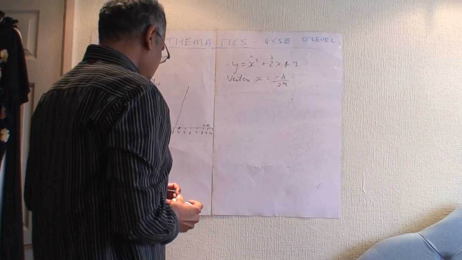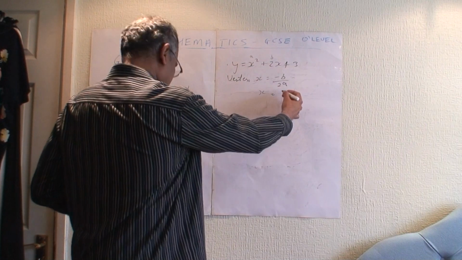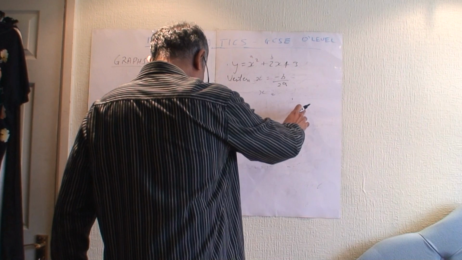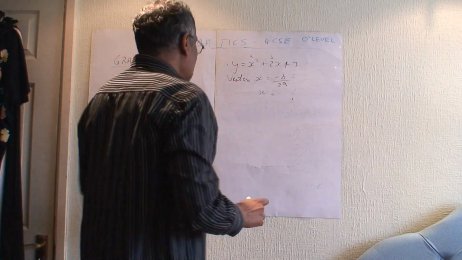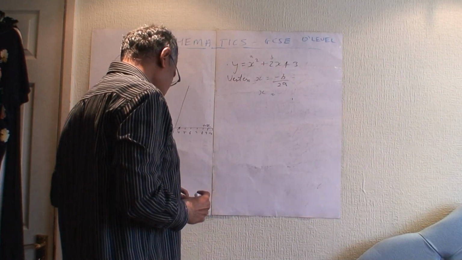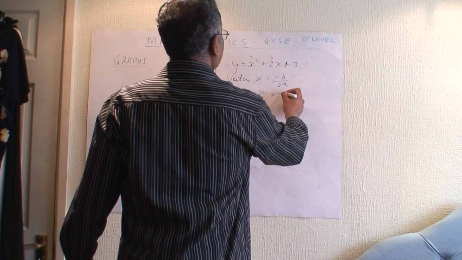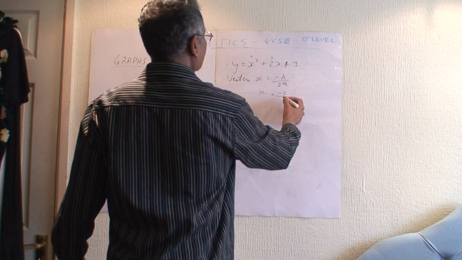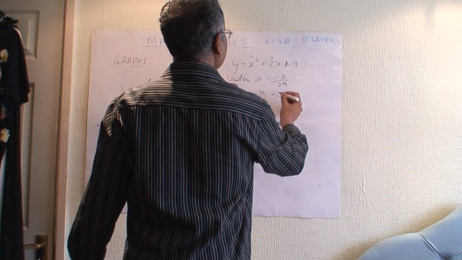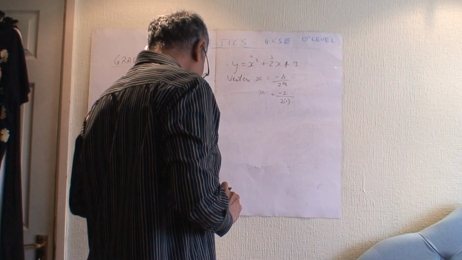So to find that, x would be, we see that b is 2 and a is 1. So we just say minus 2 divided by 2, and that is by 1. So that is how we find it.